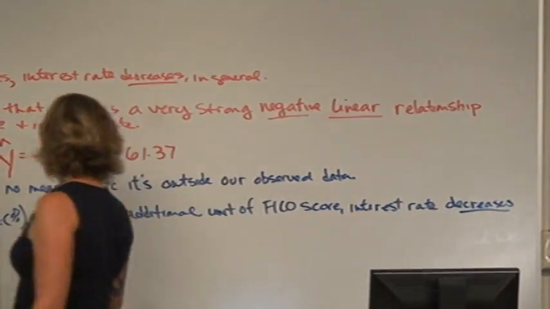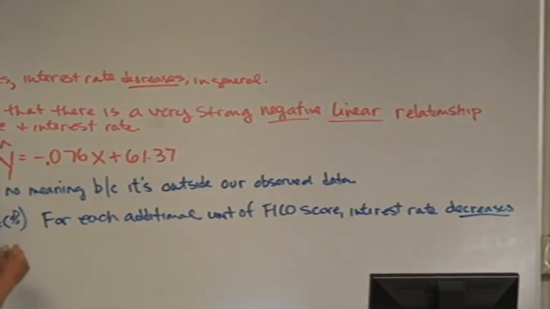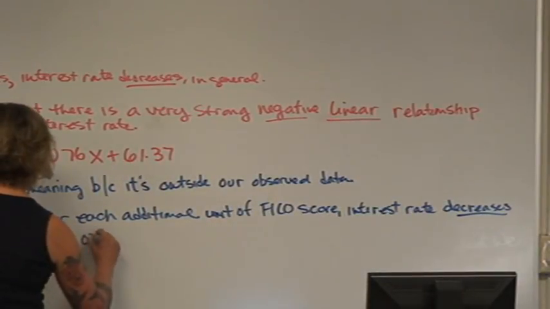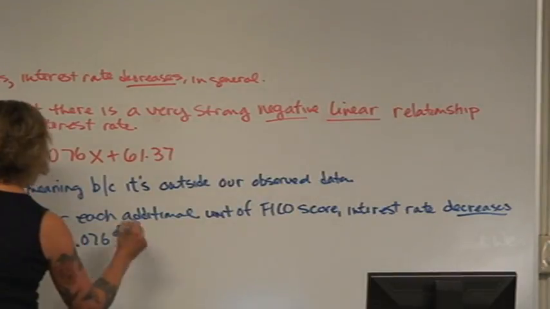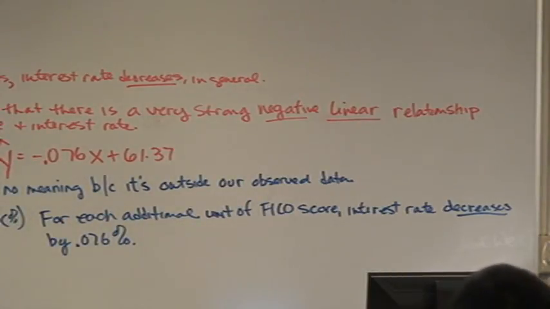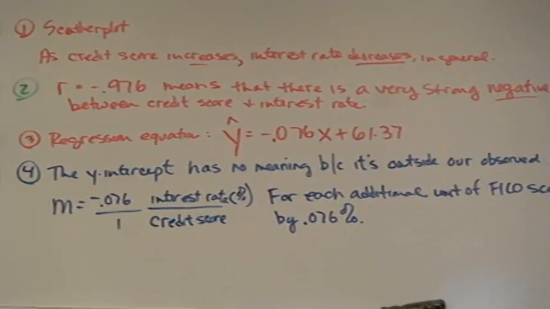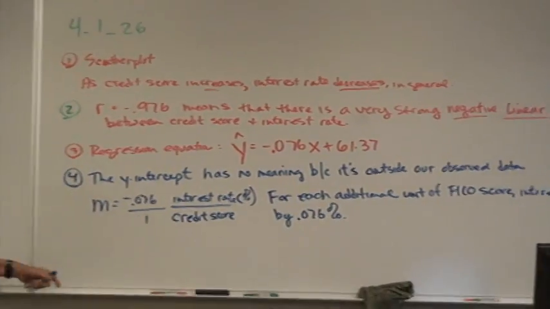Your interest rate decreases by 0.076%. 0.076 of a percentage point isn't very much, but neither is 1 unit of FICO score.